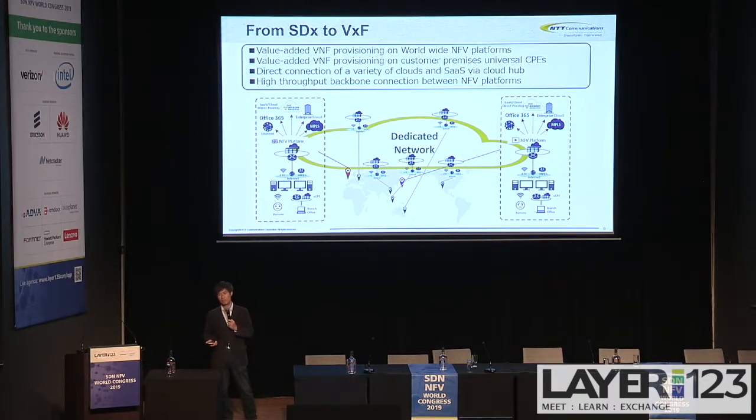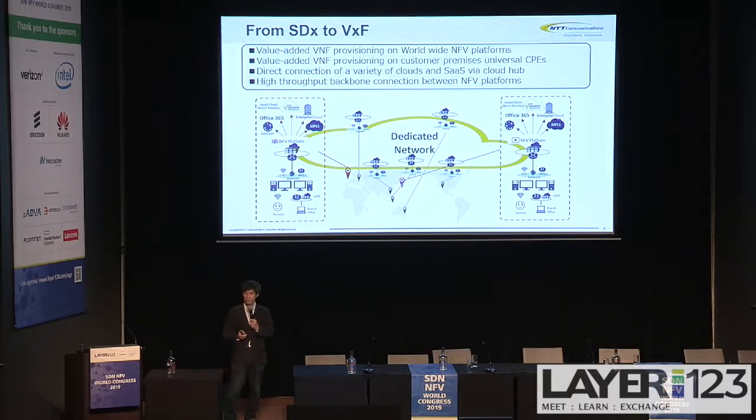Which means that as long as you connect to our POP, whether by MPLS, Internet, LTE, and so on, you can have a very secure connection to the cloud service, or even the SaaS service, such as Office 365. And another point you should not neglect is that these POPs are connected by our high-quality backbone.